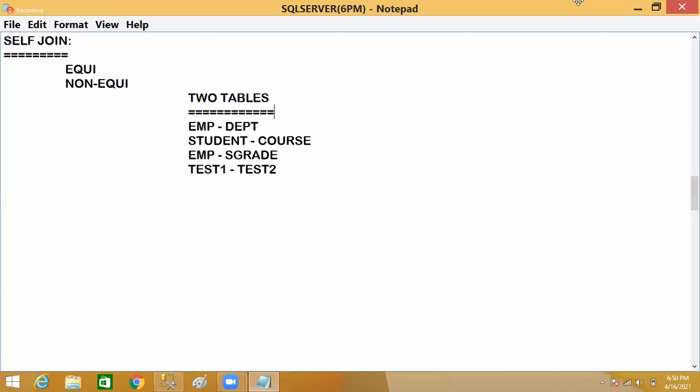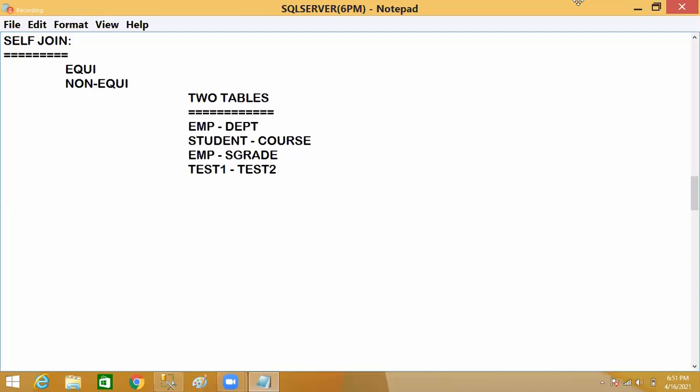That's why, in equi and non-equi, EMP table data we compare with the department table, student table data with the course table, EMP table data with the S grade table, test 1 table data with the test 2 table. So one table's data is compared with another table's data.